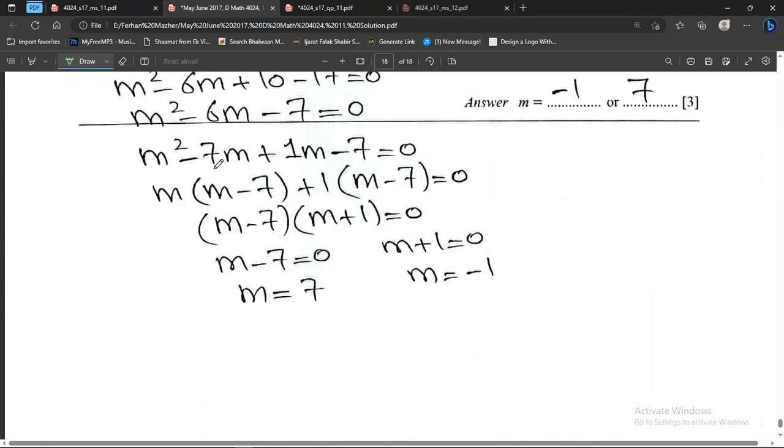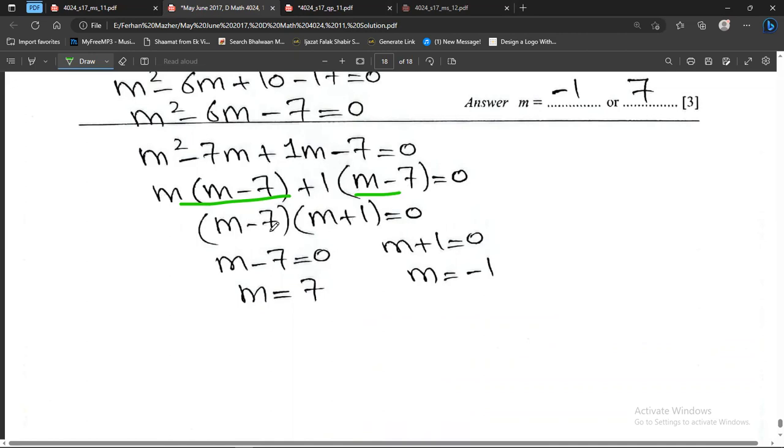So from the first two terms, you can take m common. So in the bracket, I will have m minus 7. From the last two terms, I can take plus 1 common. So I will have m minus 7 in the bracket, and that is equal to 0. So now I can take this bracket common. So m minus 7 is taken common. From here, I will have m, from here, I will have plus 1 in the bracket.